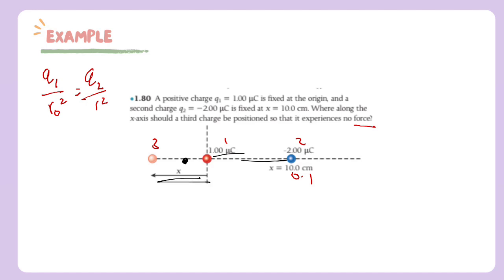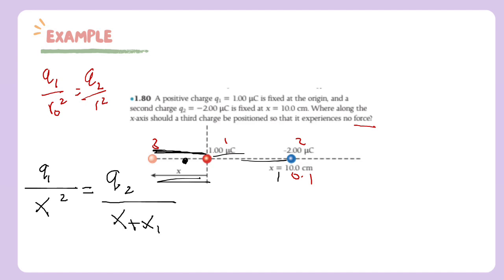And so I can write it as Q1 divided by x, which is the distance in here, equals Q2 divided by x plus x1. Let's state this as x1. So x plus x1 would give us the distance for Q2. This is all being squared.